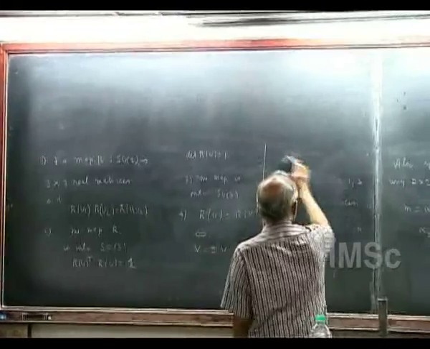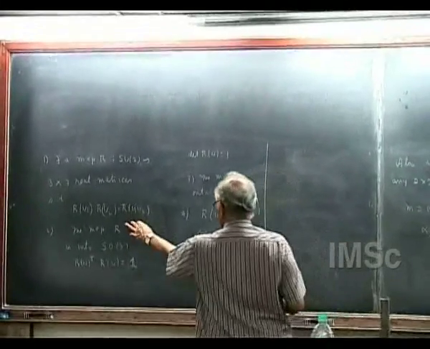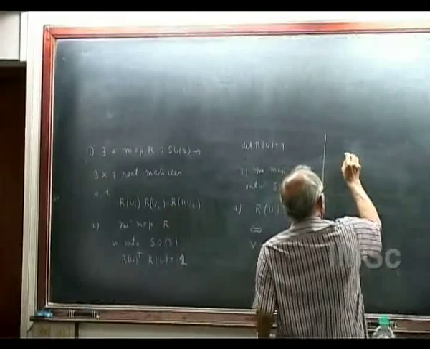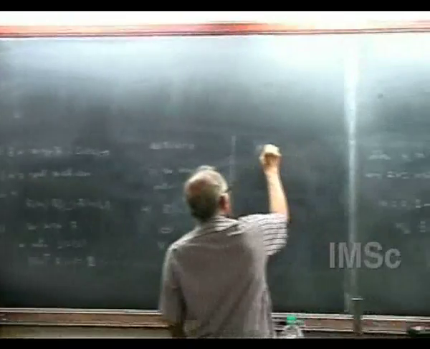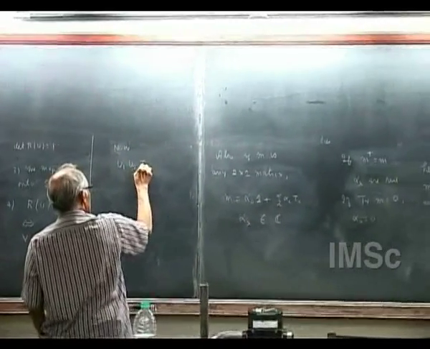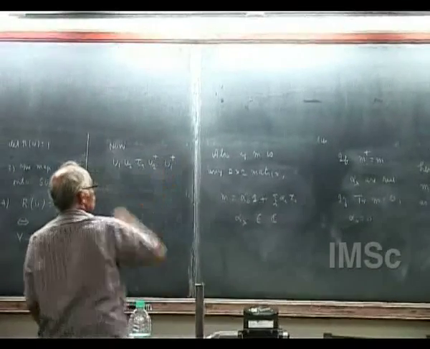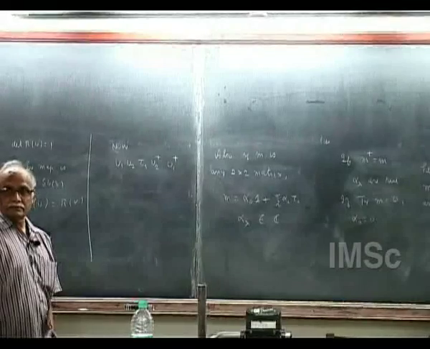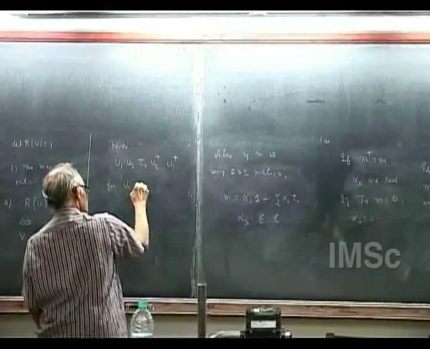So let me see what happens. I want to prove this second result here. That's also easy. All that I have to do is take U1 U2 tau i U2 dagger U1 dagger, where U1 and U2 are elements of SU2.